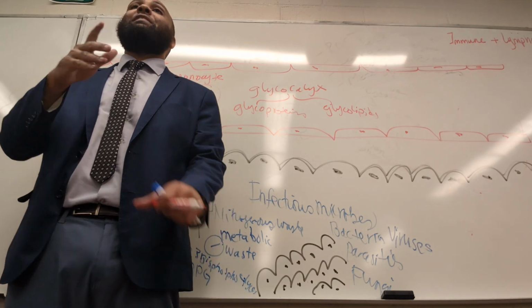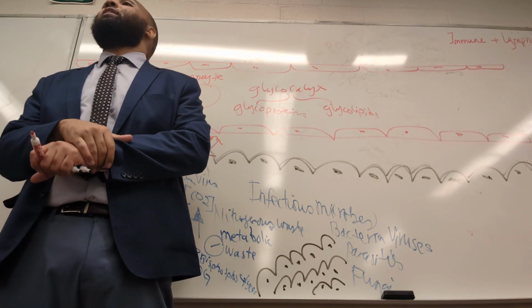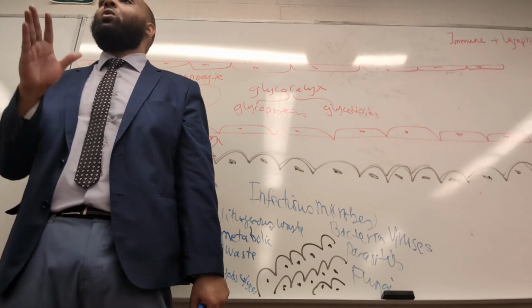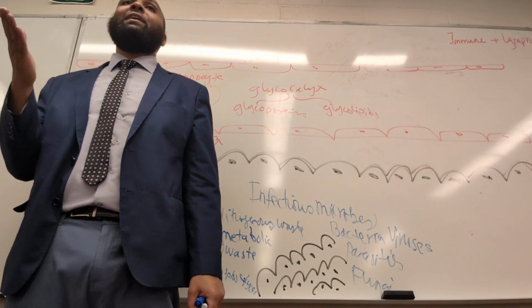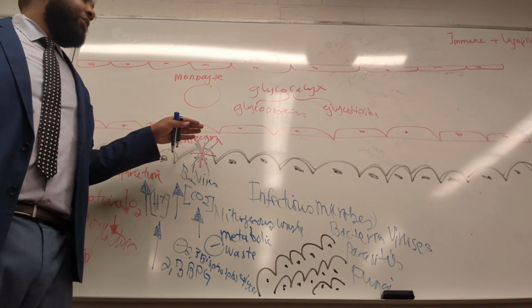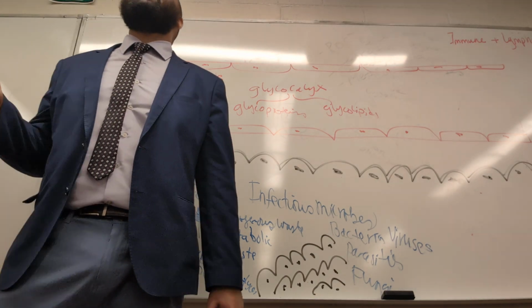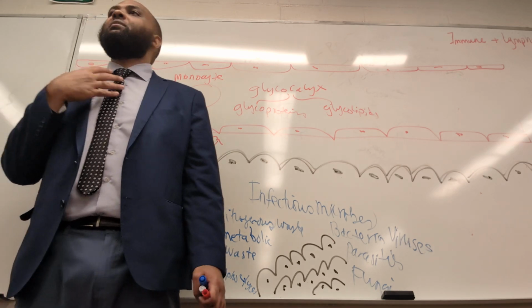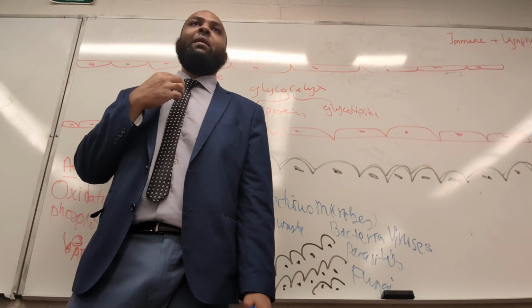The only ones who have the same glycocalyx are the identical twins. But everybody else has your own glycocalyx. So now your immune system uses that glycocalyx to identify self from non-self.